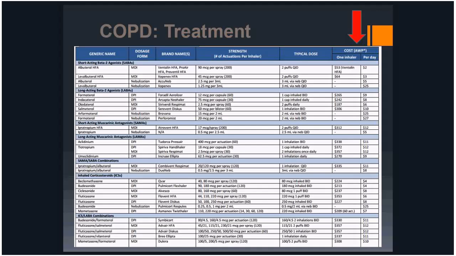I wanted to include this slide, and this was one of the slides that I highlighted in class from the perspective of cost. These inhalers can get very expensive. The costs here have likely changed since I've used this slide.